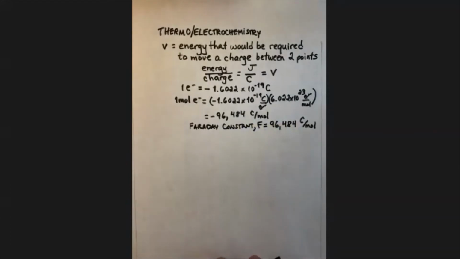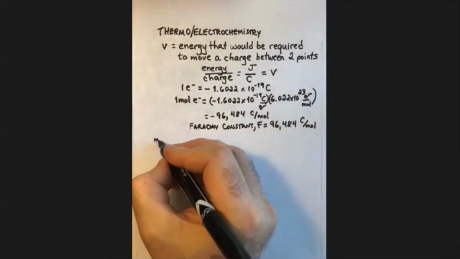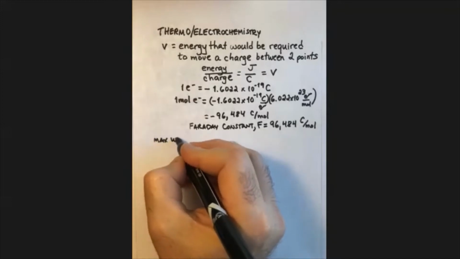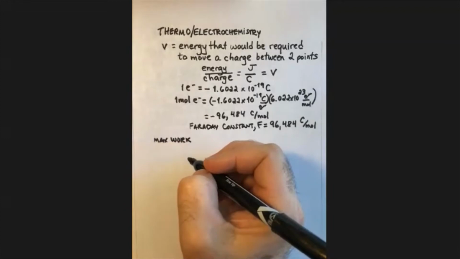Now, remember that when we talk about electrochemistry, we're interested in electrochemical processes. We're interested in what kind of energy we can derive from a redox reaction, right? So in this case, what we're interested in is the useful energy that we can generate. So what is the maximum work that we could generate in a process?